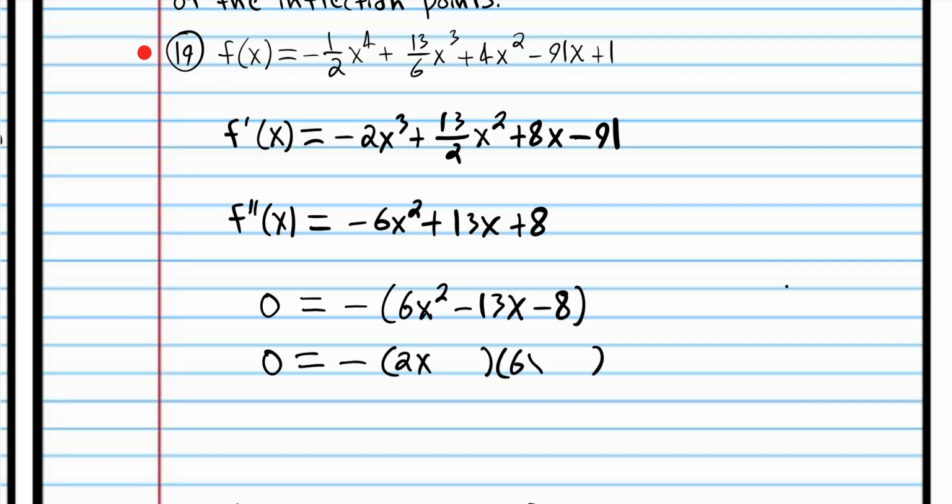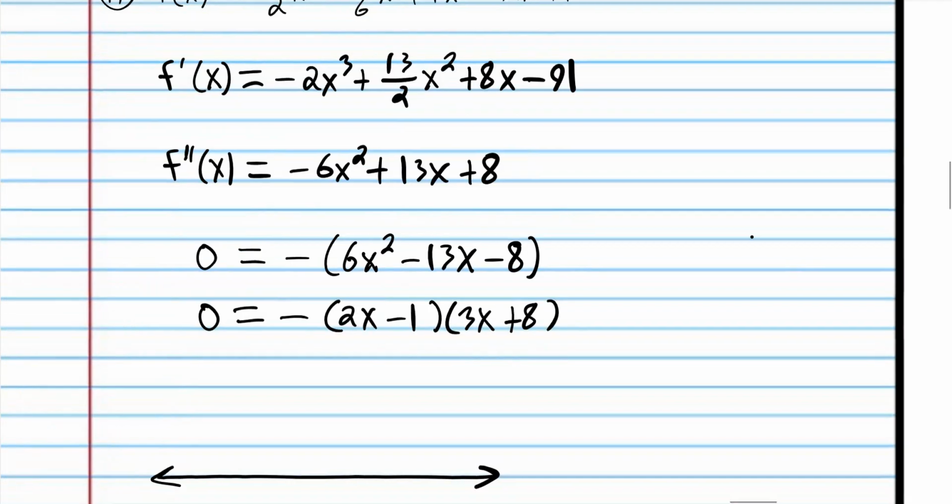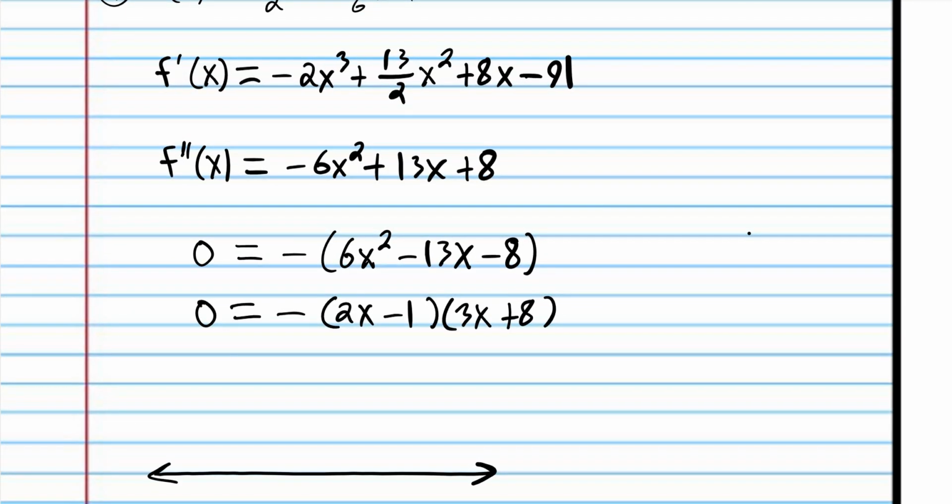And what two numbers multiply to 6? And what two numbers multiply to 8? I'm going to try -1 and +8. And looks like we get +13, so I have to change those signs.